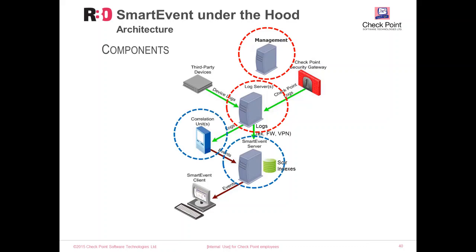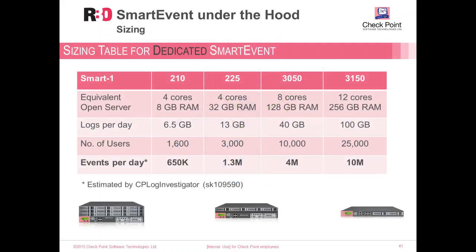The correlation unit and the SmartEvent server need to be on the same version. So you can have a higher version of the SmartEvent server and the correlation unit. Those can, for example, be R80 versions, while your management and log servers can be R77.30 versions. The correlation unit will connect using LEA to the log servers.